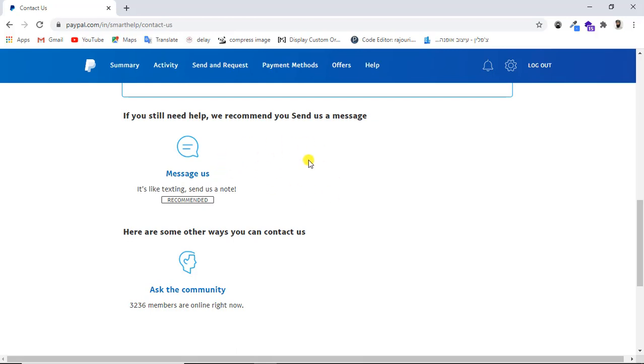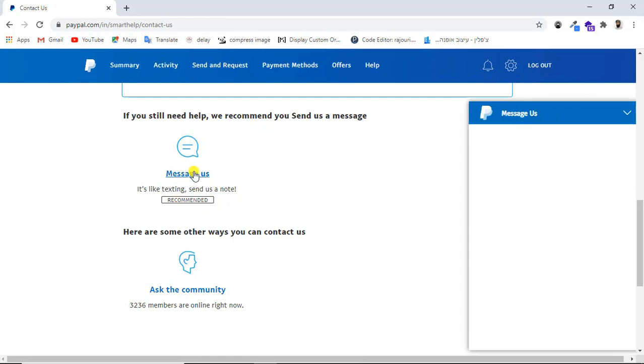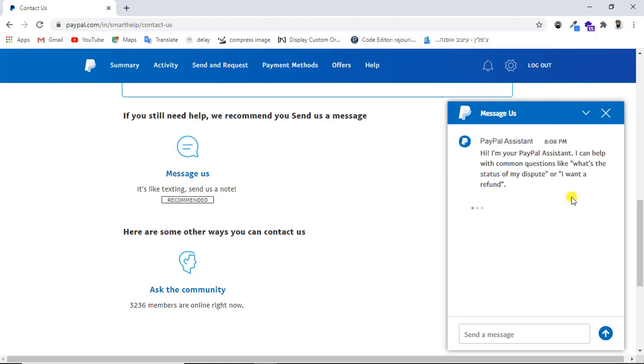There may also be a phone number in your PayPal account, and if you can take help from that, you should do that as well. But for now I only have the way to communicate with the PayPal support team by message. Once you click on this Message Us link, you will get a window where you can type the message you want to send to the PayPal support team.